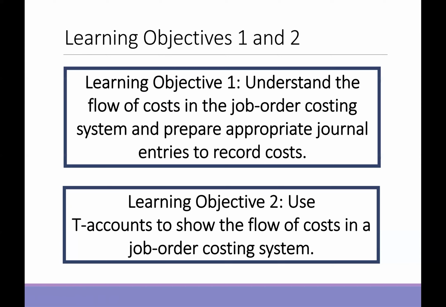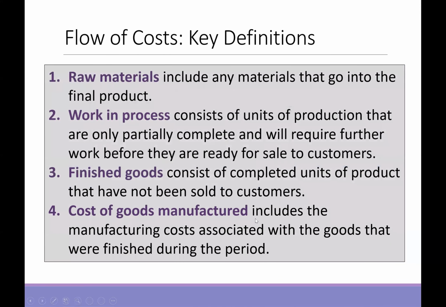We're going to use our T account system, which is a great way of showing that flow of the journal entries. Raw materials, we know, are an inventory item. And when they are purchased, they go straight initially into the raw materials subsection of inventory.